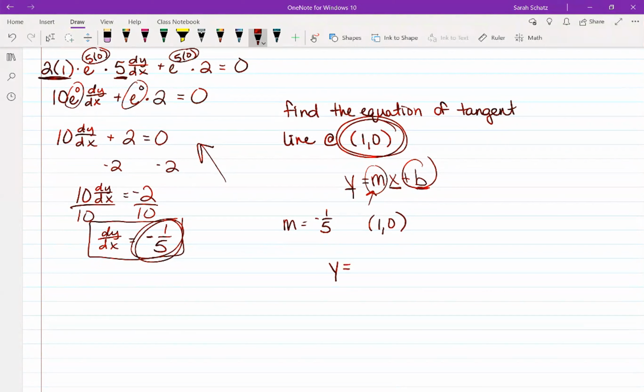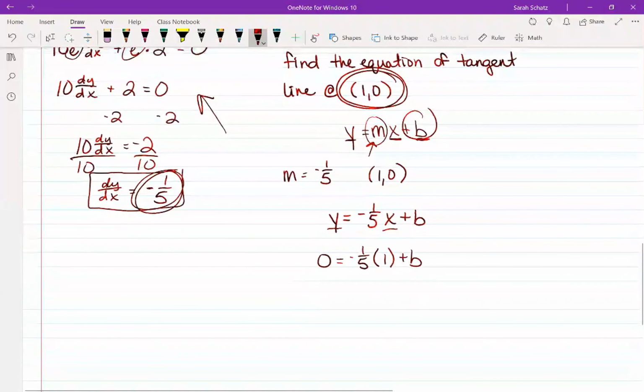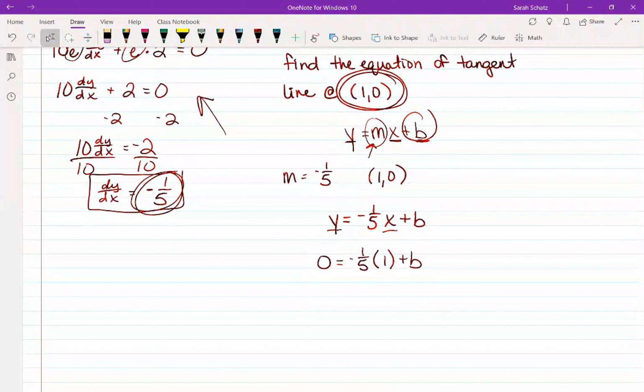So let's go ahead and put in the slope. We have y equals negative 1/5 x plus b. Now that you have the slope in there, use your point where x is 1 and y is 0 to get 0 equals negative 1/5 times 1 plus b. Remember this step, when you put in that point, you're just solving for b. So you get 0 equals negative 1/5 plus b.